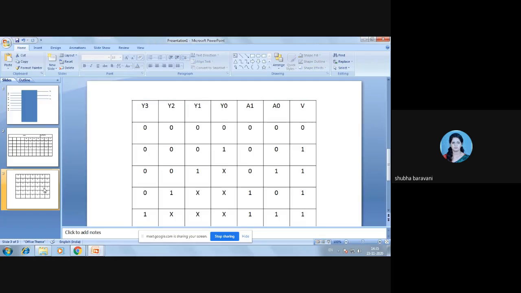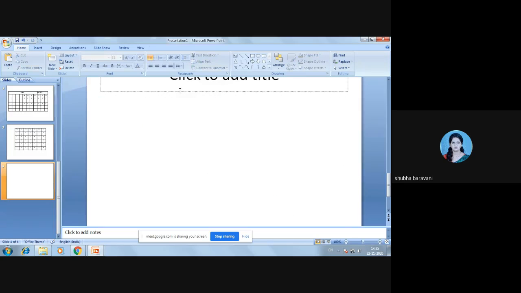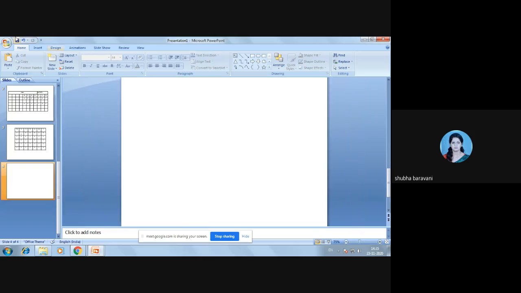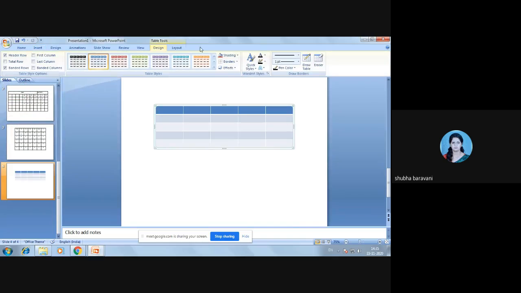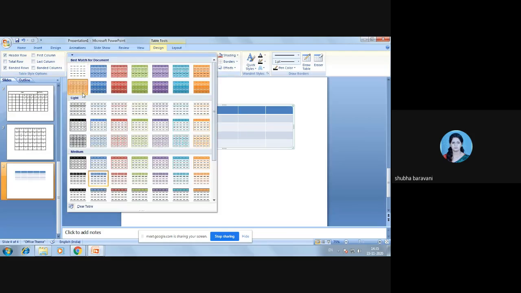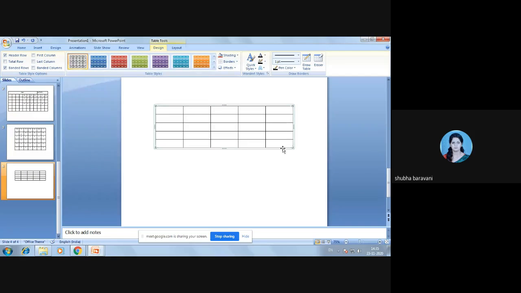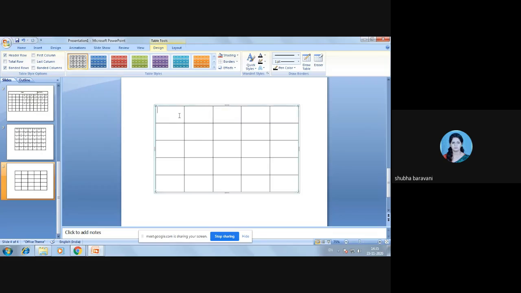I'll do it here. This is my input. I have 3 inputs.